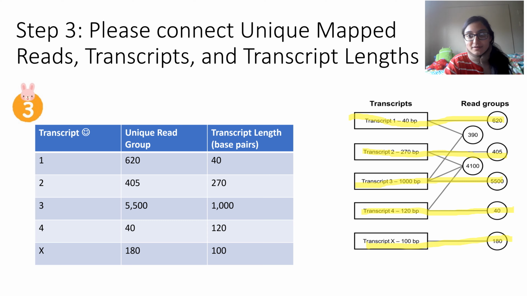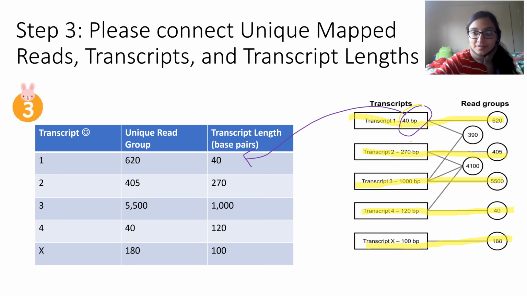For transcript 1, it's the same table as before, but we've just added an extra column of transcript length in base pairs. Transcript 1 has 40 base pairs here. So we just take these values and map each of them here.